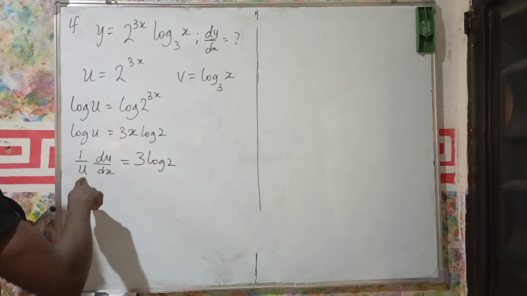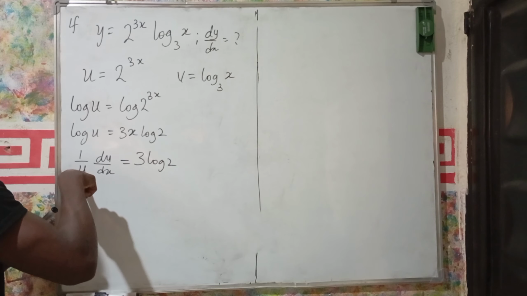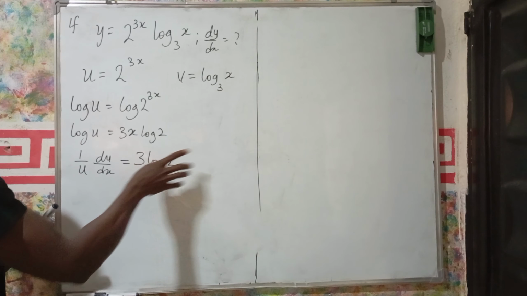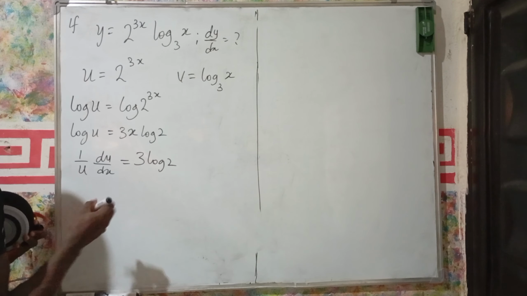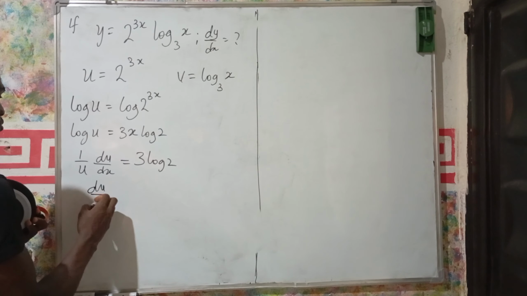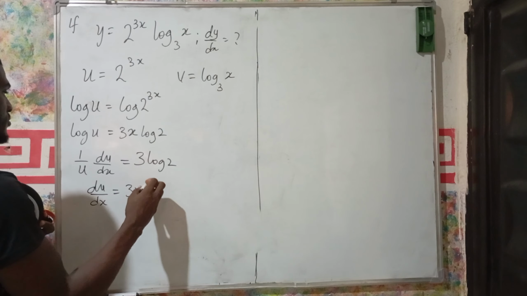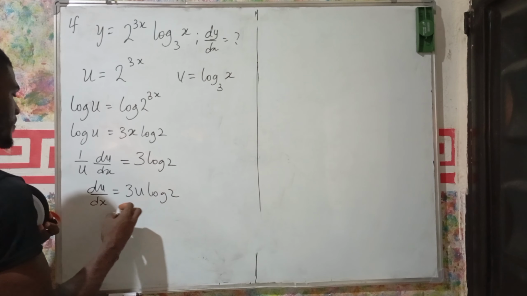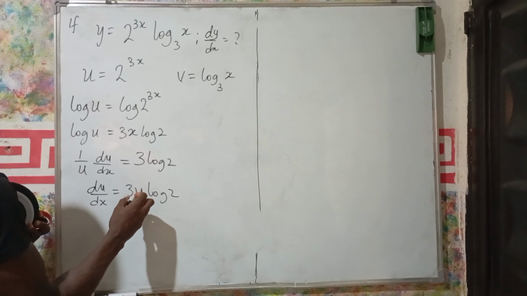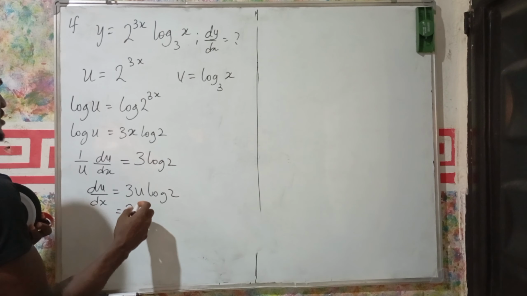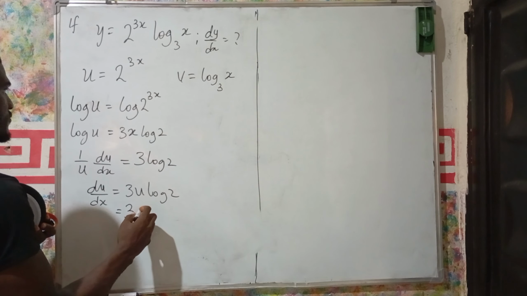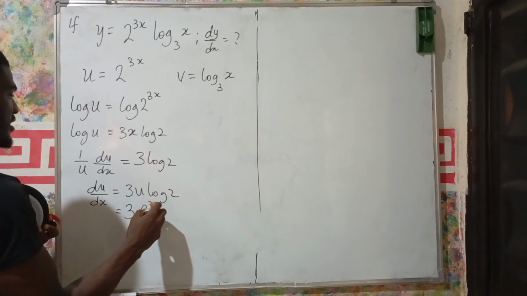Now we need to cross multiply u from the denominator to the numerator on the other side. So we have du/dx equal to 3u log 2. And don't forget that u is this value in terms of x.